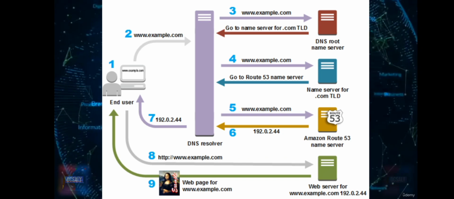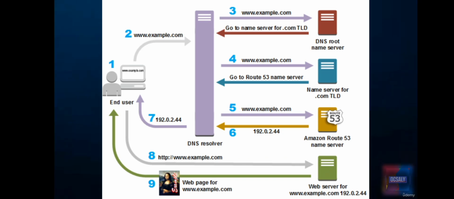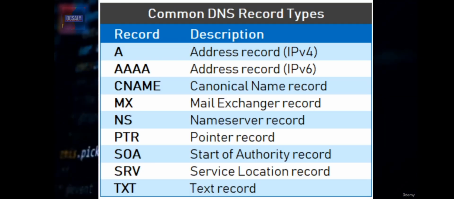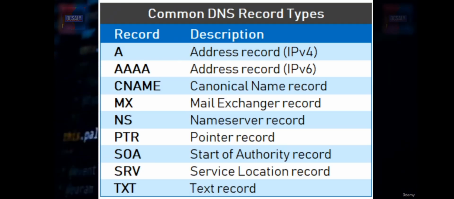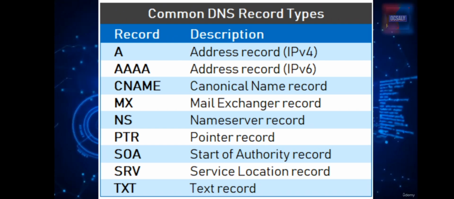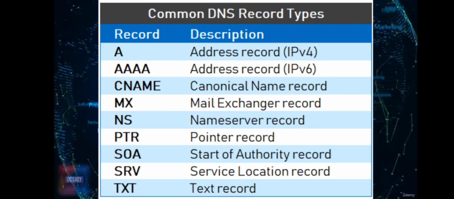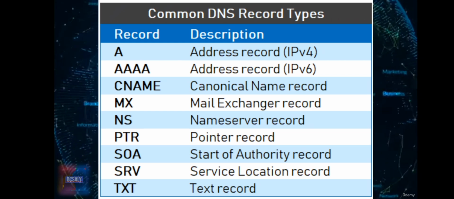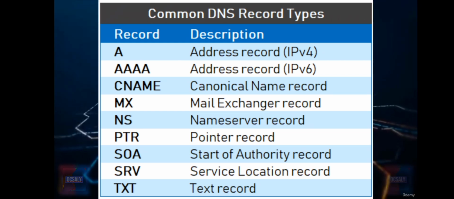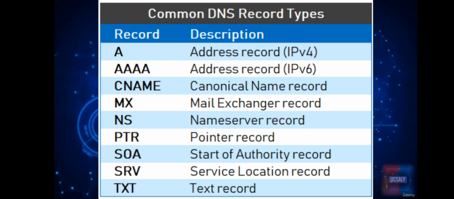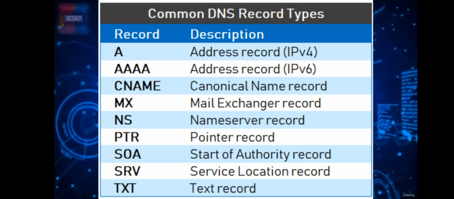DNS entries include a host name, NS, name server, CNAME, canonical name, MX, mail exchange, AAAA, DNS record to IPv6, SRV, service record, TXT, which is text record, and PTR, pointer record, which is the opposite of the A record.